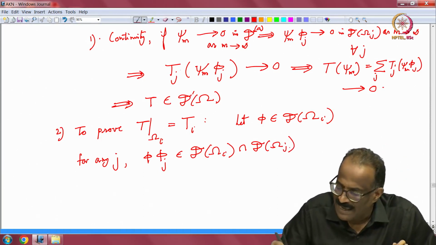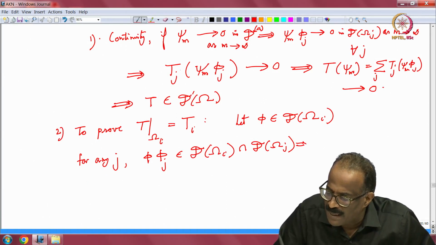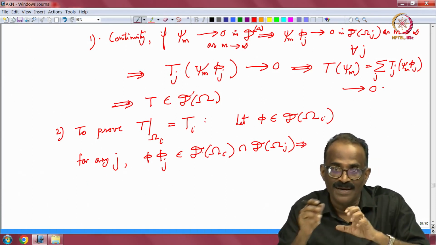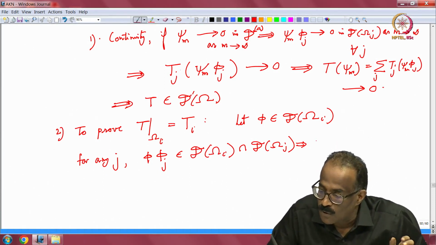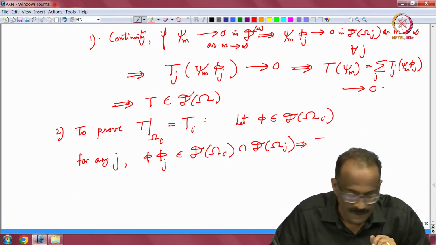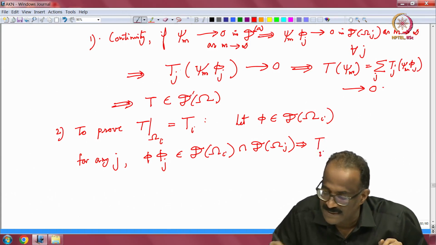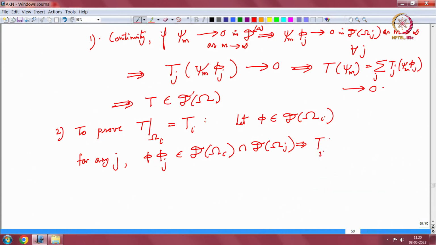So, now that immediately implies, because it is in both omega I and omega j, and T I and T j, j is fixed now. T I and T j are the same, for j fixed, for anything phi j has. So, T I of phi j is same as T j, because it has support in that, phi j is a fixed quantity. Okay. This is true. T I of phi j is equal to T of phi j.